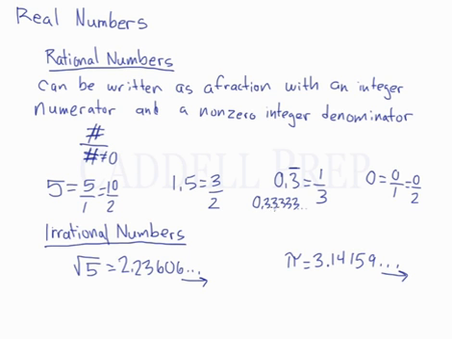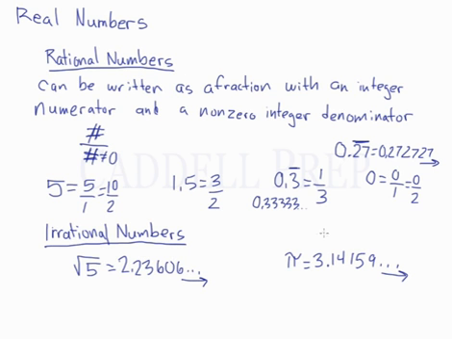Okay, here we have a decimal that goes on forever, but it's repeating. So this is rational. Also a rational number, for example, could be 0.27 if the 27 is repeating. So if it's repeating, it's rational.